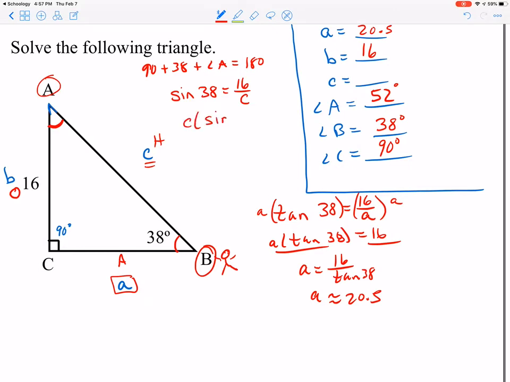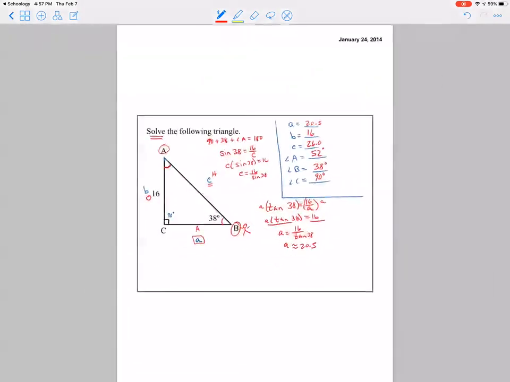I get C times the sine of 38 equals 16, and then divide by sine of 38. C is 16 divided by the sine of 38. I type that in, and I get that C is 26.0. So now I have solved the triangle because I have found all of the side lengths and all of the angle measures. Let's go ahead and try another one.